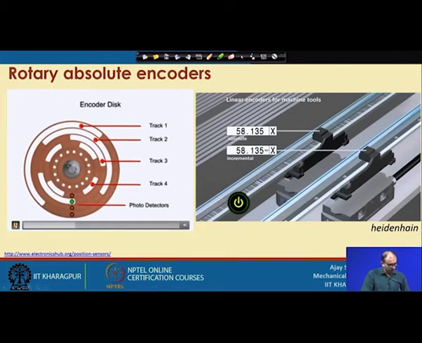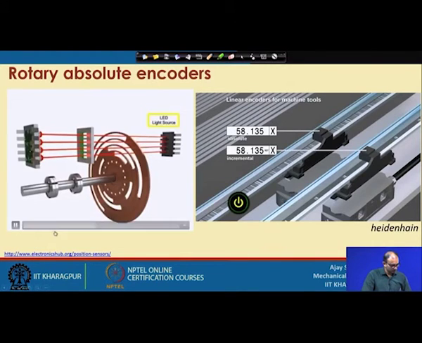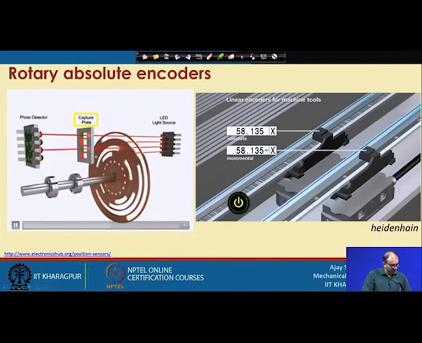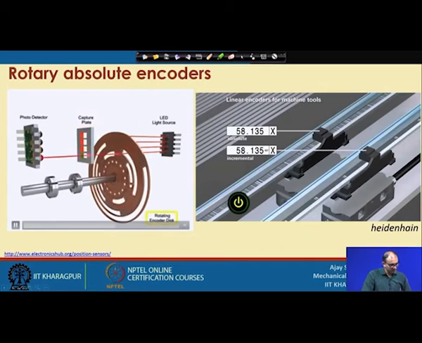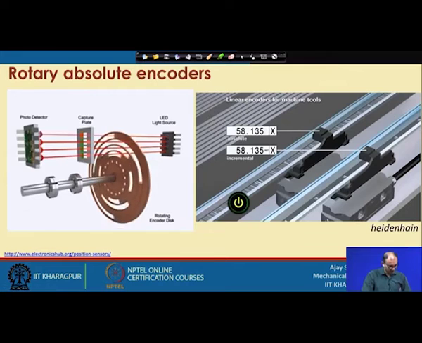These are the four photo detectors. When it rotates, wherever it is an opaque region you will not get a signal, and whenever there is light you will get a signal. This will generate one unique code, and that unique code will help you find the absolute position of the shaft.